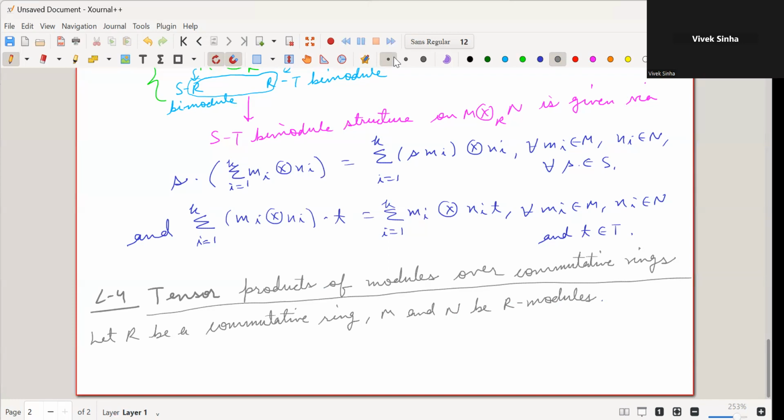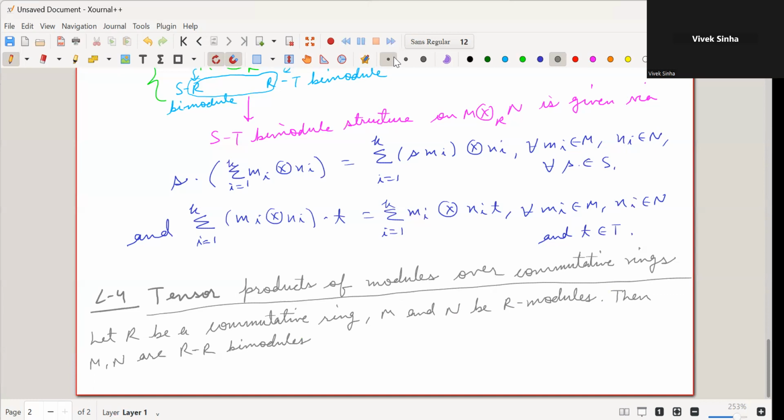It has no meaning to say a left module or a right module because R is a commutative ring. So M and N are both R bimodules, because they have the module structure with respect to R from the left side and from the right side as well.